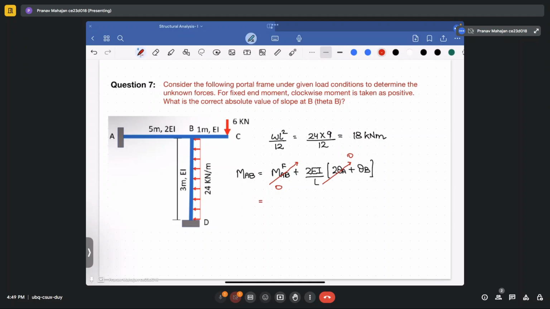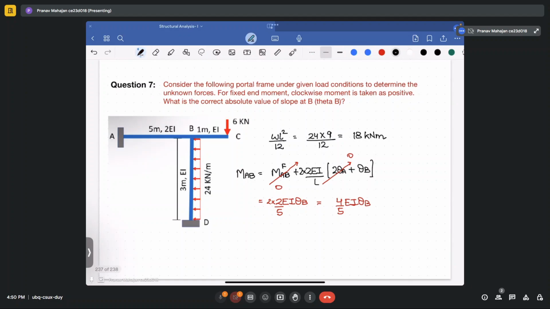That will be 2EI theta B upon 5. Sorry, in this case it is 2EI now. So take I to be 2, and here the 2 also comes into the picture. 2 into 2 into, and this whole value will be 4 upon 5 EI theta B.